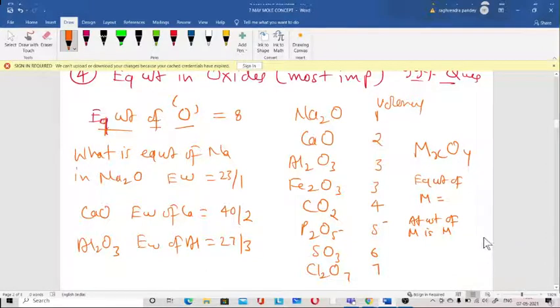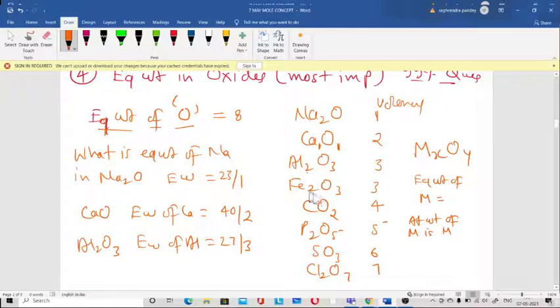No, no. Now you see this one. Calcium oxide, it is 1 1. Valency is 2. Then 2 and 3. Now aluminum valency is 3, and here we have 2 and 3.